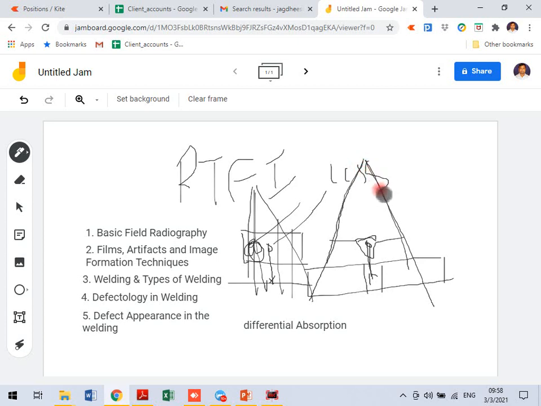So the principle is differential absorption. It means the material is absorbing differently. For example, if I pass 100 rays, at one location it absorbs 50 rays and gives out only 50 rays. At another location it absorbs 75 rays and gives out only 25 rays. So this is the major principle for image formation. Otherwise you will not get any image.